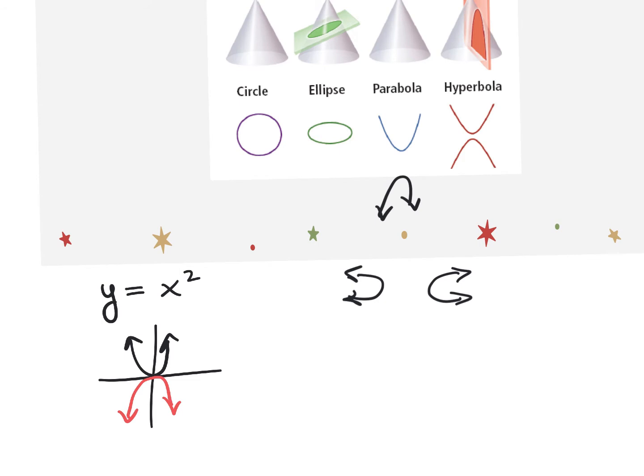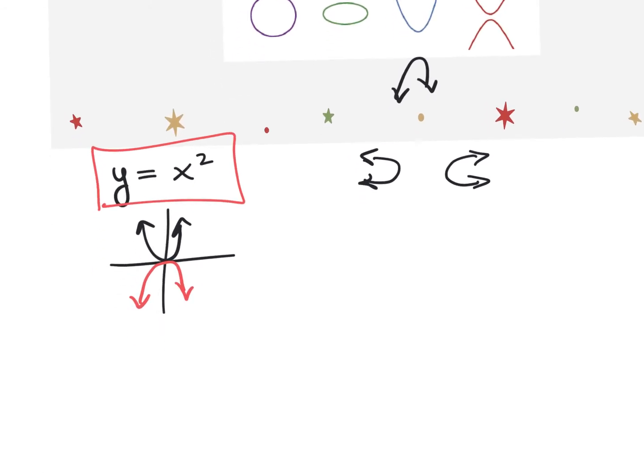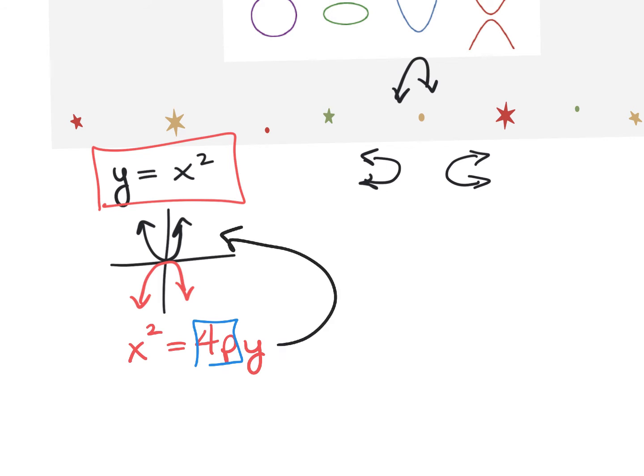So what we're going to see instead of y equals, our equations are going to look like the square term will be first, and then you would be left with a 4py. This 4py is going to help us. We're going to be learning about new different points and a different line that's going to be included in our graph of the parabolas. So when it's x squared equals 4py, then it looks like this.